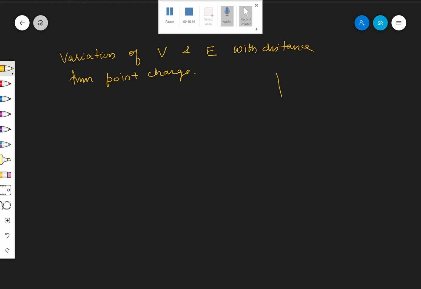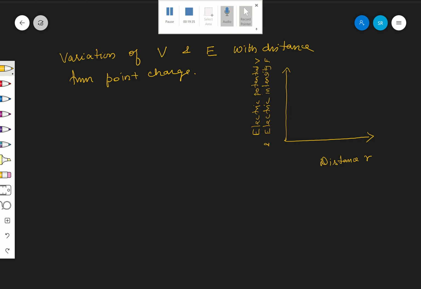This is the distance R. This is the electric potential V. I am going to plot both in the same graph, and the electric intensity E.